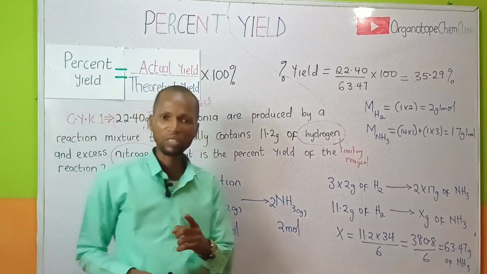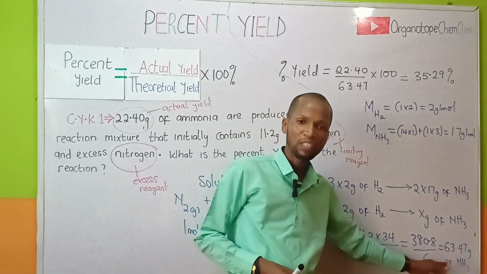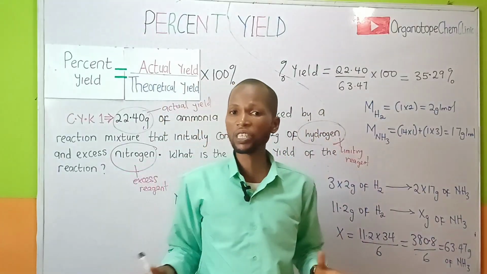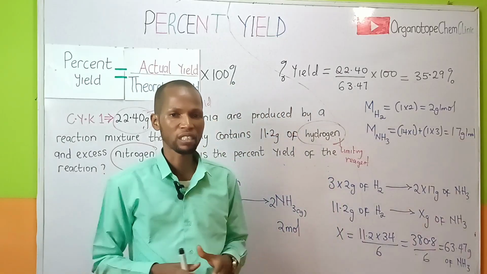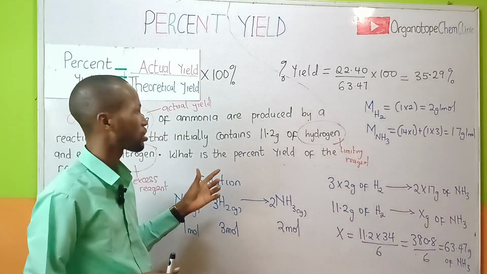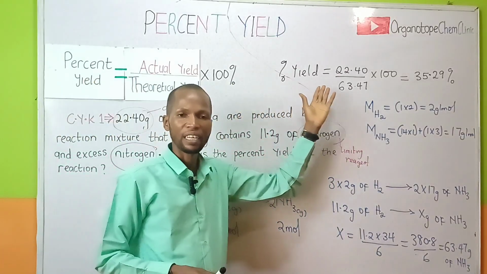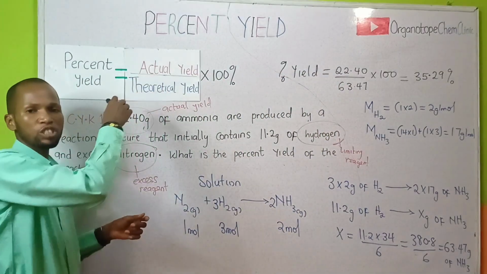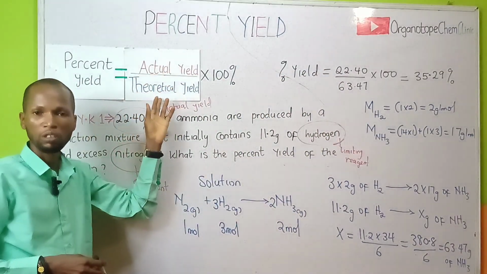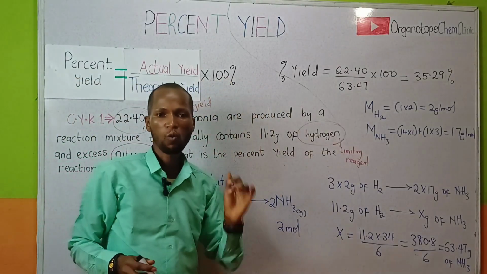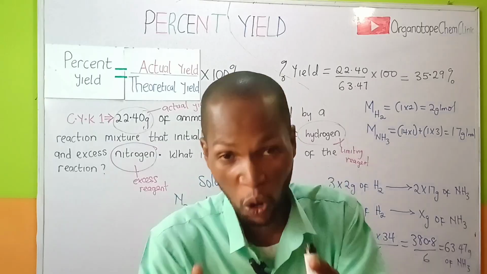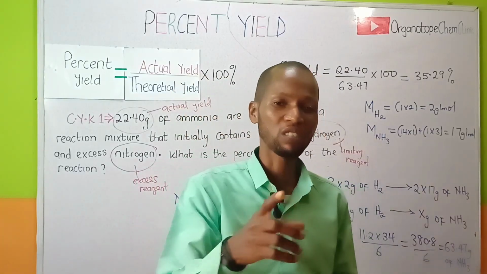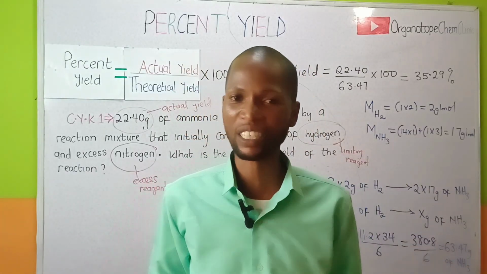And always note that the actual yield is always less than the theoretical yield. Since we know the actual yield and the theoretical yield for this experiment, we can determine percent yield. Percent yield is the ratio of the actual yield to the theoretical yield times 100%. So in your next experiment, remember that percent yield tells how successful your reaction was.